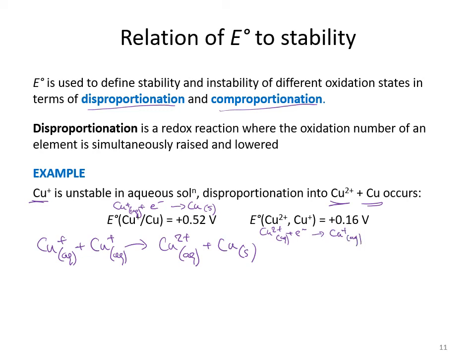Right, so we need to figure out which of these is going to be the reduction direction, and of course it's this one. If we want to work out our E cell, it's plus 0.52 volts minus plus 0.167 volts, because this reaction here is going backwards.